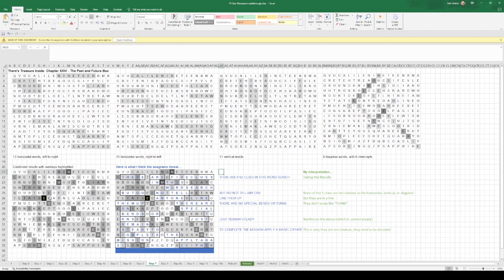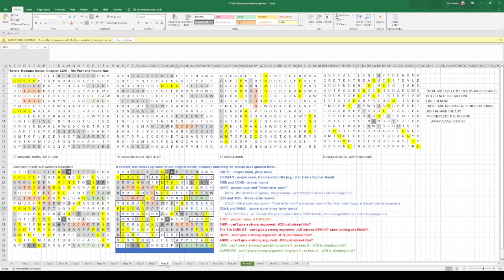So we found words, they overlap, we found an anagram. Step 8, what I'm highlighting is exactly what I was talking about. These are all the places where a found word overlapped the anagram and basically got destroyed.